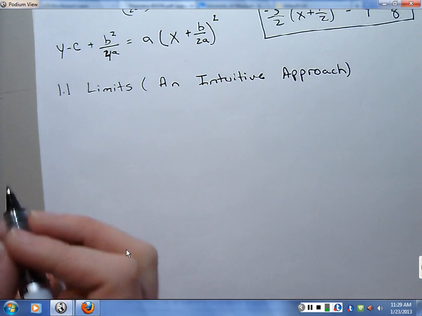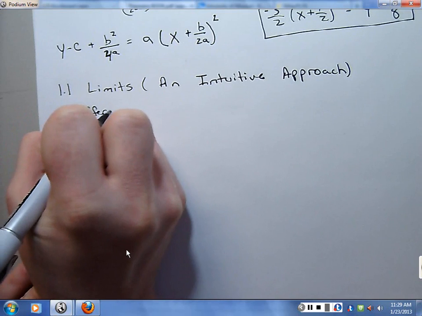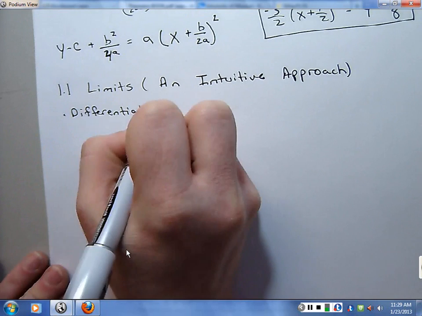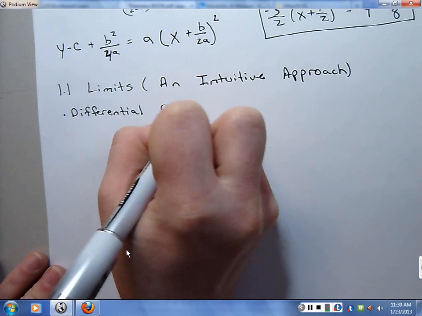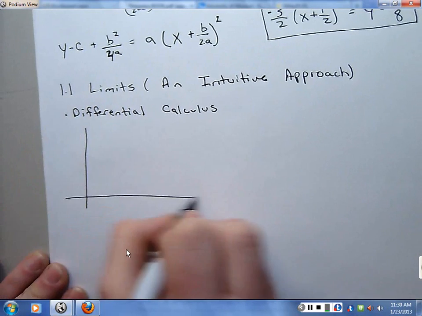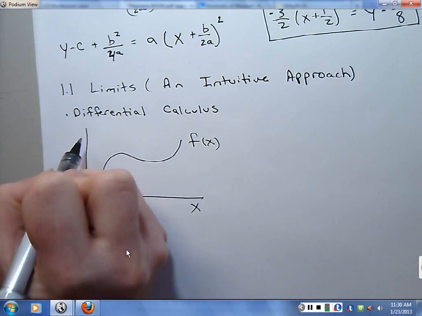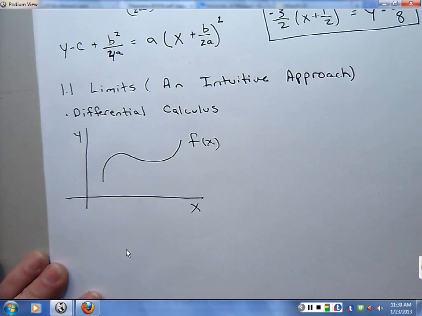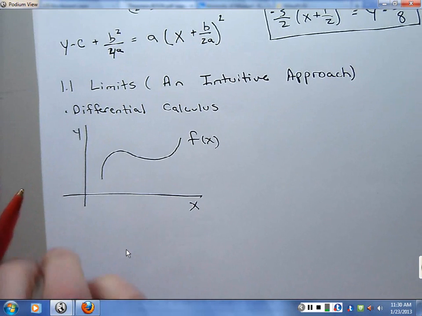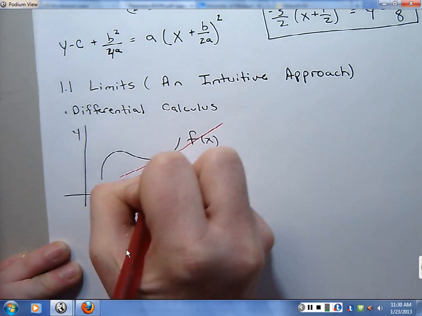Differential calculus is all about answering the question, given any function, so we'll call this function f of x, what is the slope of the tangent line through one point?